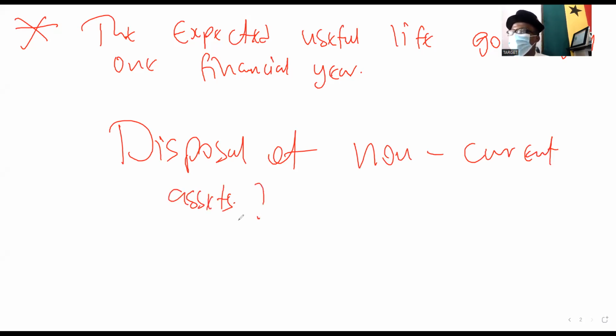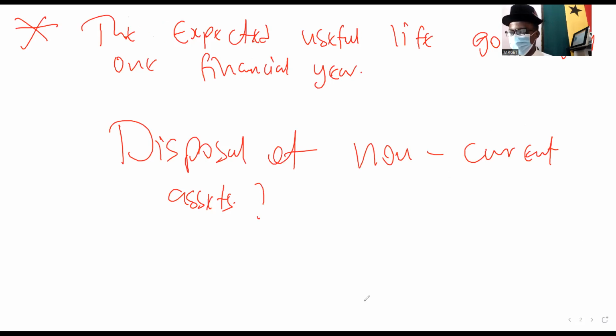Somewhere in 1998, IAS 35 was issued to talk about discontinued operation. But after the revision in 2001, in 2004 IFRS 5 was issued. So now here comes IFRS 5, which came to solve the problem of disposal of non-current assets.